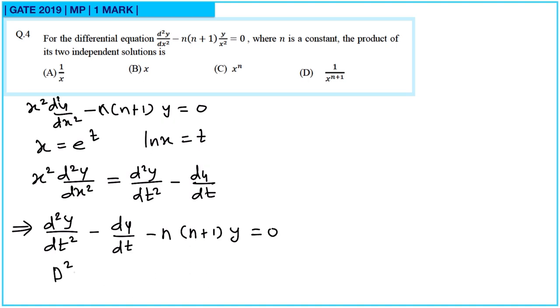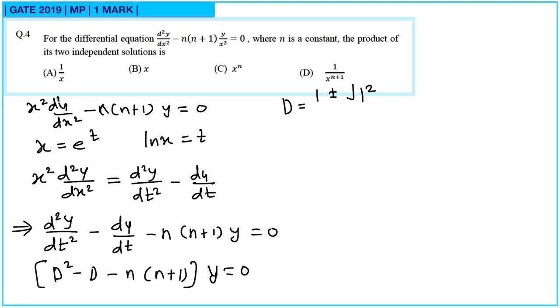So this is (D² minus D minus n(n+1)) y equal to 0. Let us find out its roots. So D is equal to minus b, so that is plus 1, plus or minus square root of b² minus 4ac. So 4 into ac, so 4n(n+1).